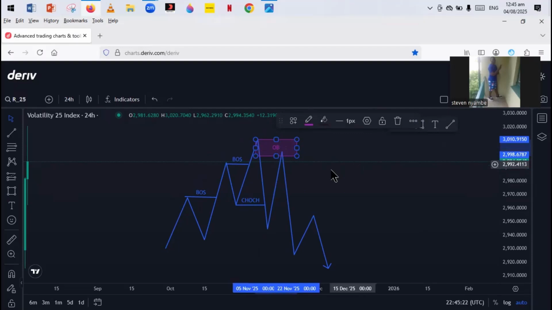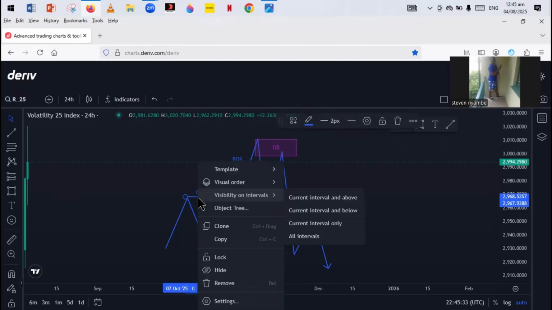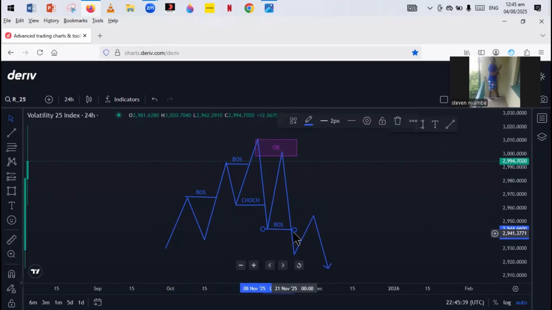So that is an order block. So price breaks this higher low and then goes back to tap into the order block, which caused this change of character. And then now we have price breaking structures to the downside. So that is how price reverses.